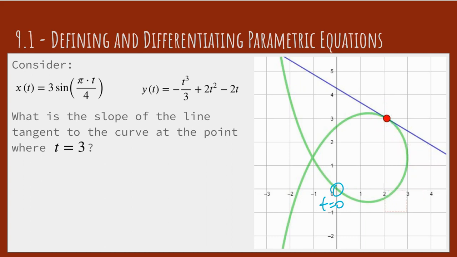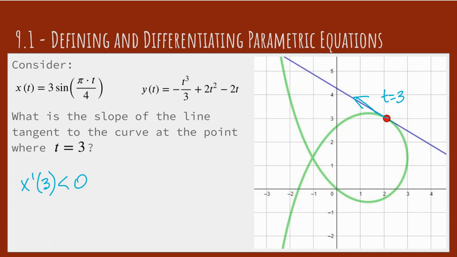Well, if we just look at the derivative at t equals 3, and I'm not going to look at specifics here, at the point where t equals 3, this object is moving up and to the left. And we can verify that by looking at dx/dt, and I'm going to use prime notation here, x'(3), that's dx/dt evaluated at 3, that's going to be a negative value.